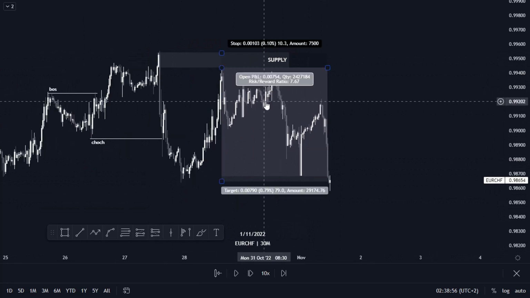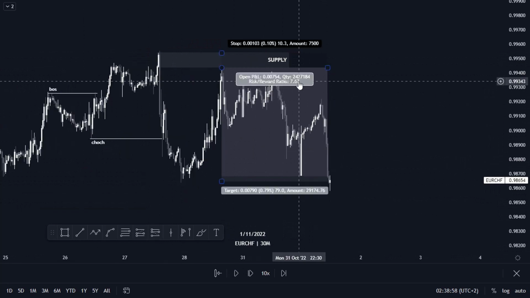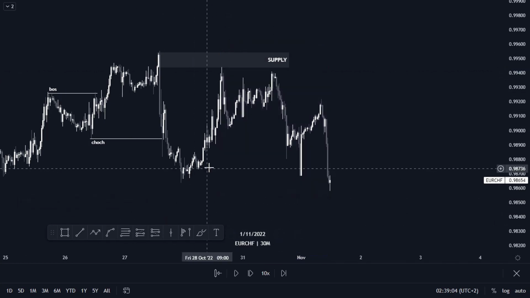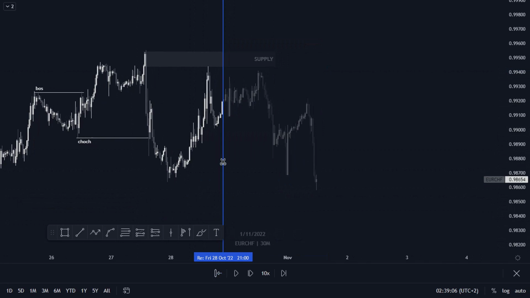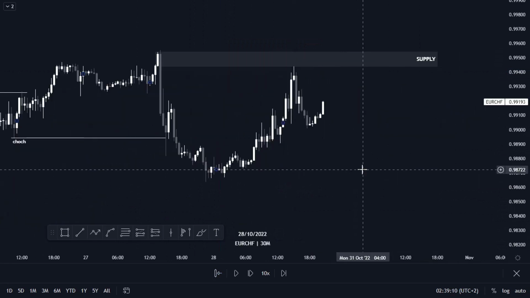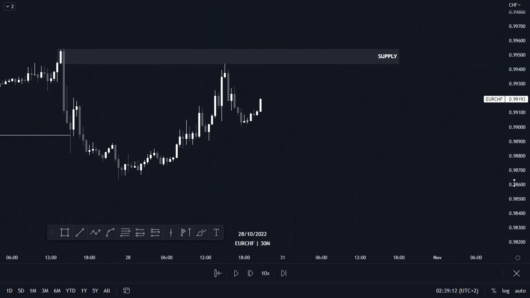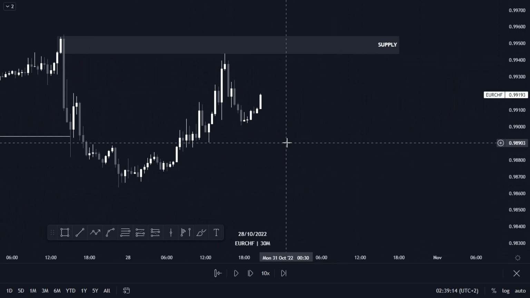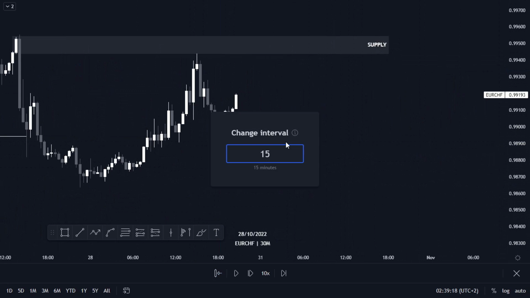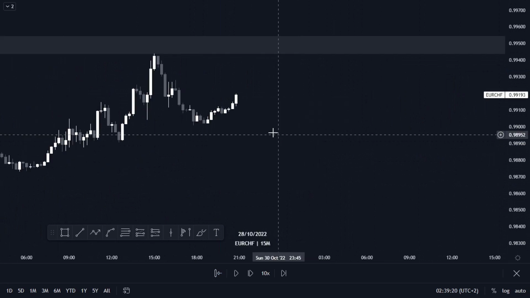Okay, so what happens if you, let's say, missed the trade, and the trade is round about here and you're panicking, getting FOMO, fear of missing out? What you can do is scale into the lower time frames and get confirmation entries.